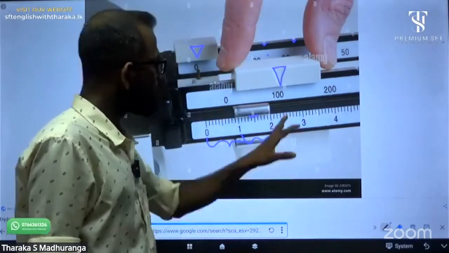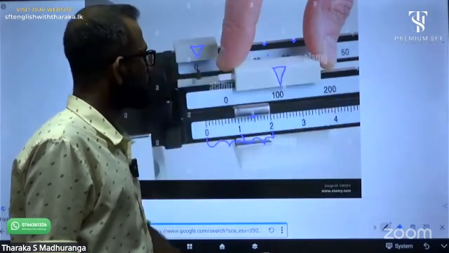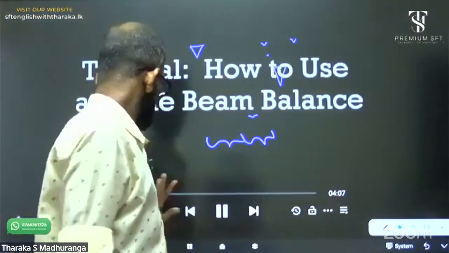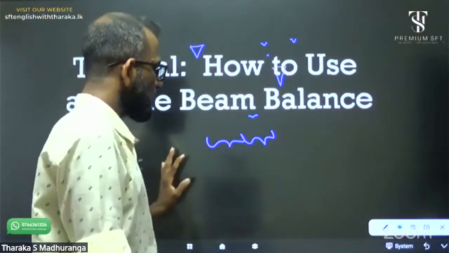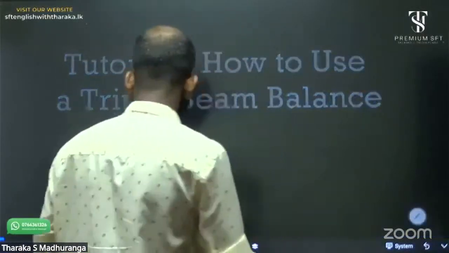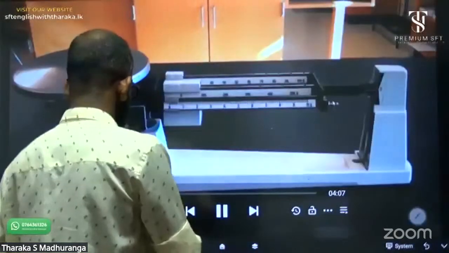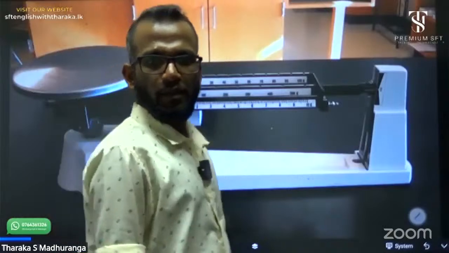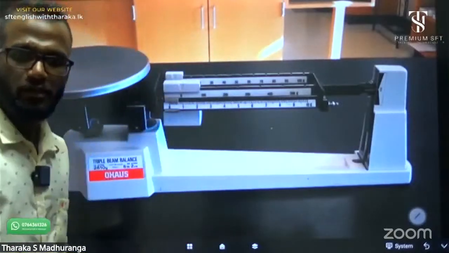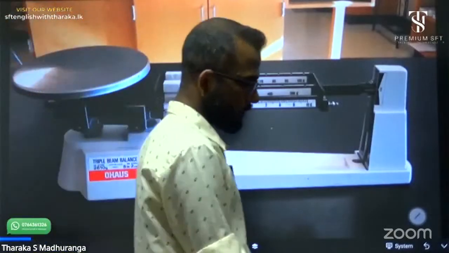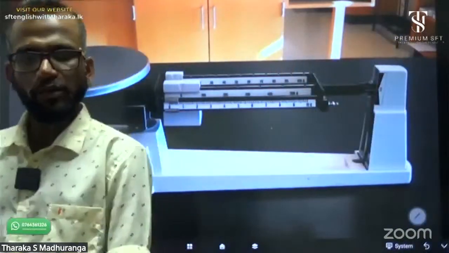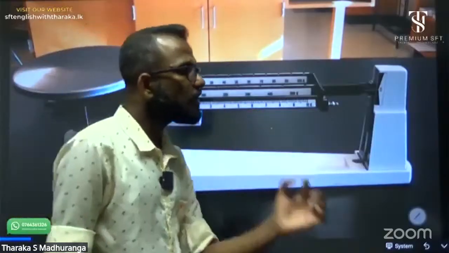Okay. Let's move to our previous figure again. Now this is the instrument, right? What do you think the least count is?